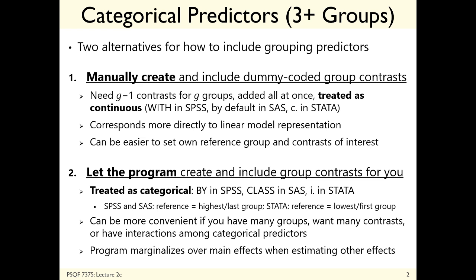This is the class statement in SAS, the by statement in SPSS, i. in Stata, and a factor variable in R. That's the idea, where you're denoting it as a grouping variable, a nominal variable, so that the program then makes the contrasts. You have to then know what the program default is in terms of which is the reference group. So for instance, in SPSS and SAS, it's the highest numeric or last alphabetically. In Stata, it's the first. What is it in R? Do you guys know? Factor variables, what's the reference?